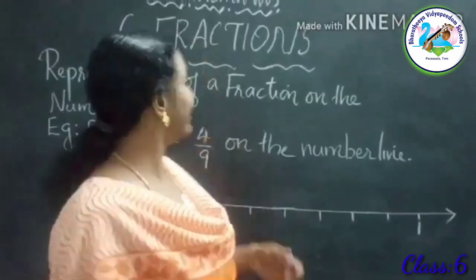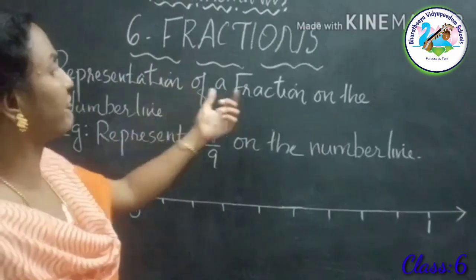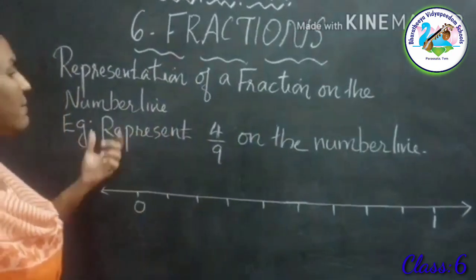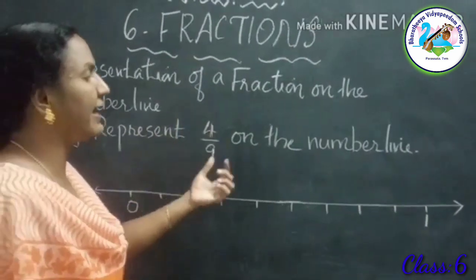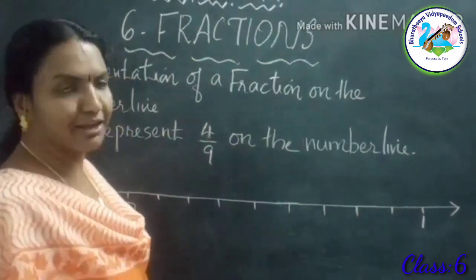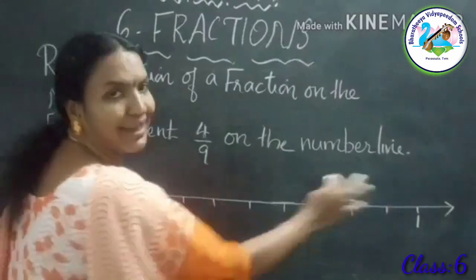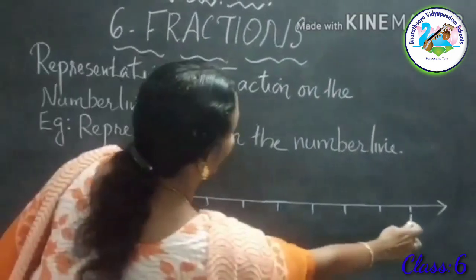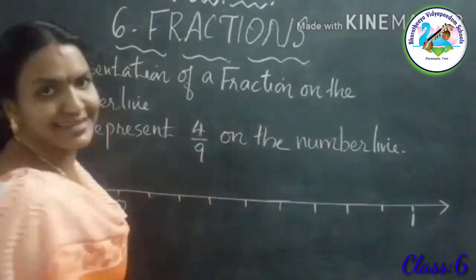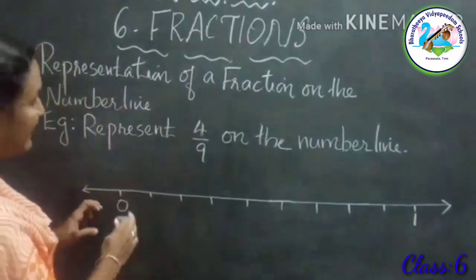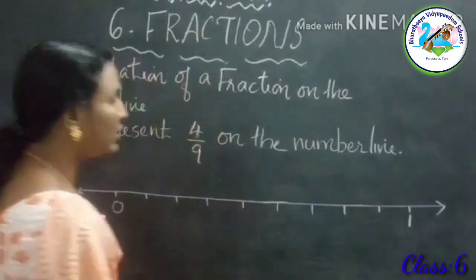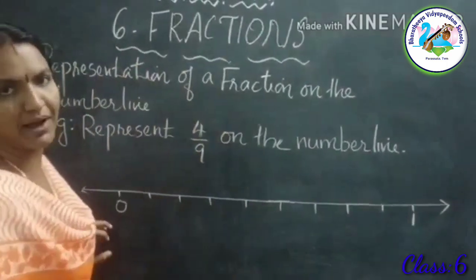Next, we shall discuss the representation of a fraction on the number line. For example, represent 4/9 on the number line. First, draw a line and mark 0 and 1 on both the ends. Divide the space between 0 and 1 into 9 equal parts.